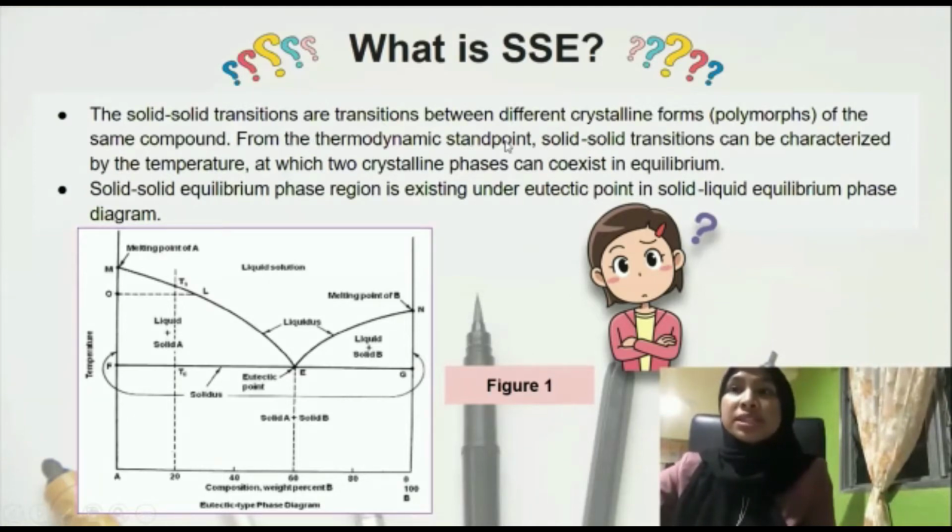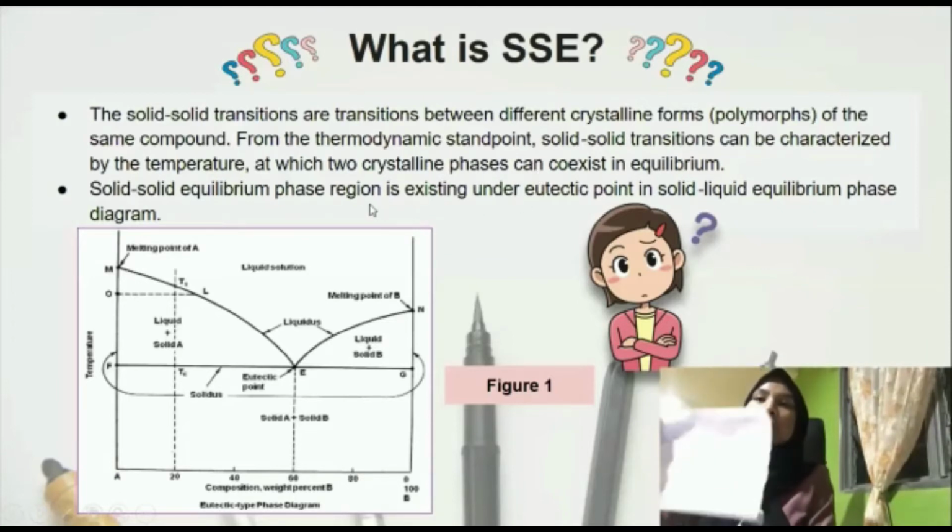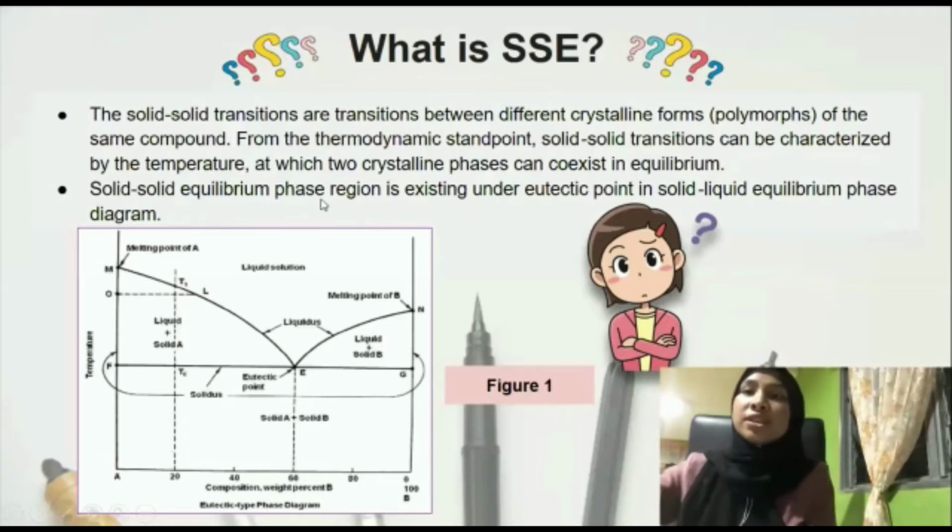From the thermodynamic standpoint, solid-solid transition can be characterized by the temperature at which two crystalline phases can coexist in equilibrium. The solid-solid equilibrium phase region exists under the eutectic point in the solid-liquid equilibrium phase diagram.